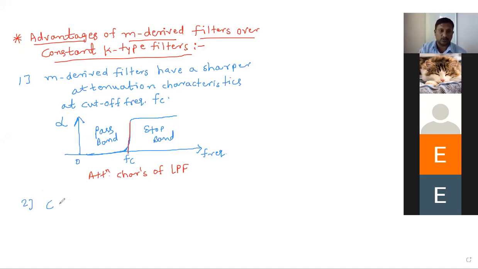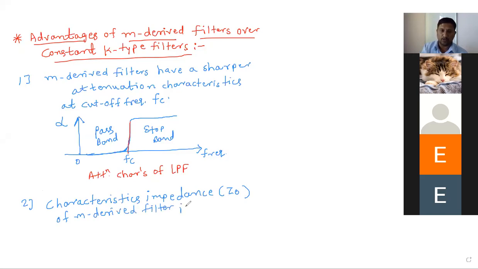Now the second advantage is what? Characteristic impedance Z0 remains same for all frequency. Characteristic impedance Z0 of M derived filter is uniform. Uniform means constant.